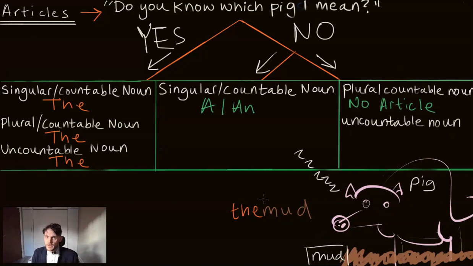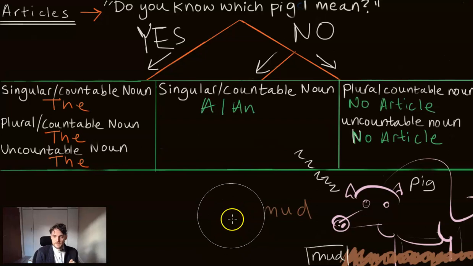And what if we don't know the mud that we're talking about? Okay, so we're over here now. We're going back down here. Again, it would be no article. Just mud.